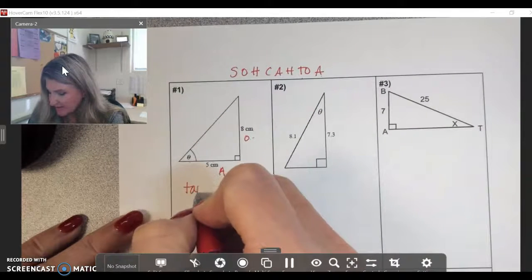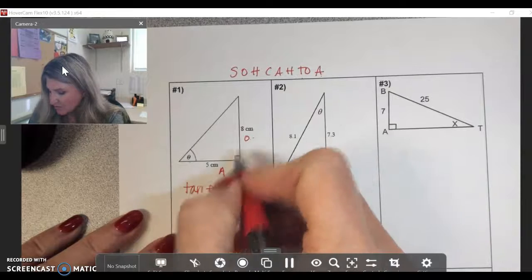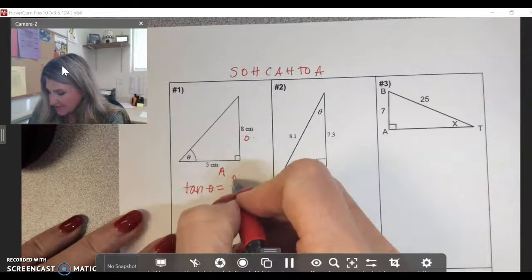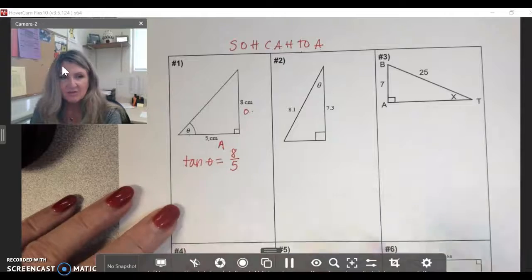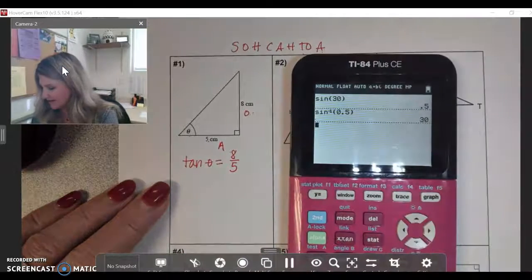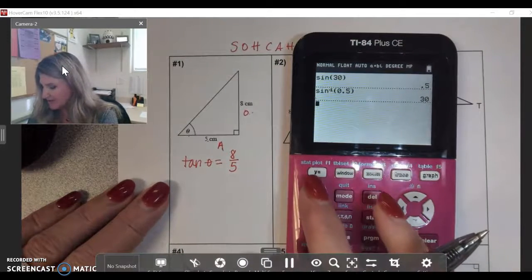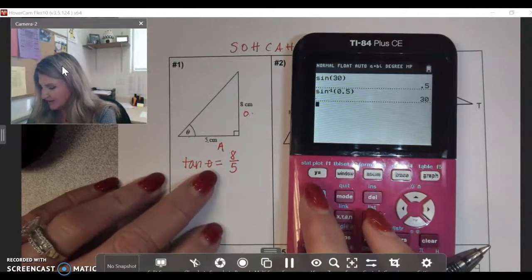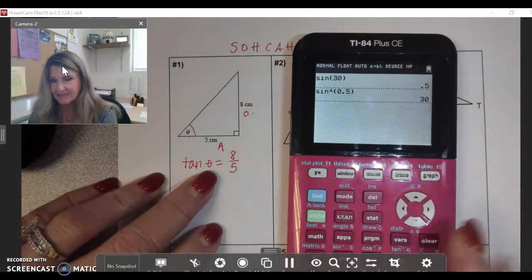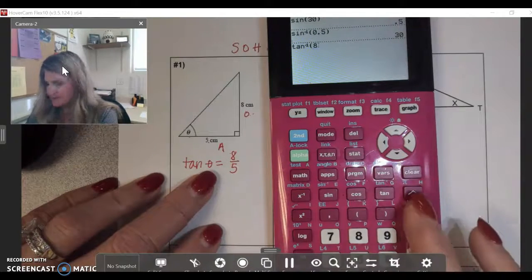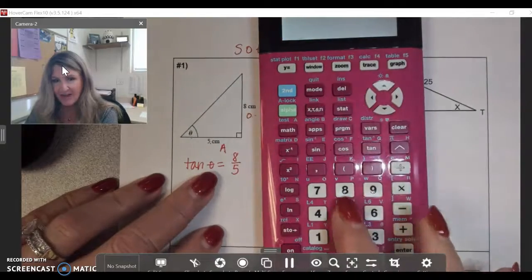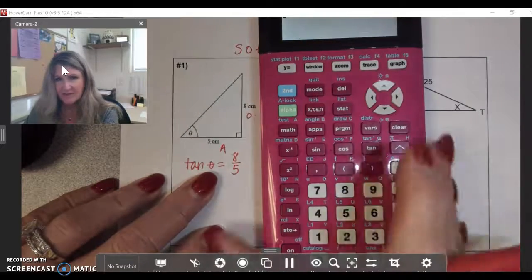So I set it up. Tangent theta equals opposite, which is 8, over adjacent, which is 5. To figure out what that angle is, if I have a calculator, I'm looking for an angle, so I push second tan of 8 divided by 5, and then I push enter.